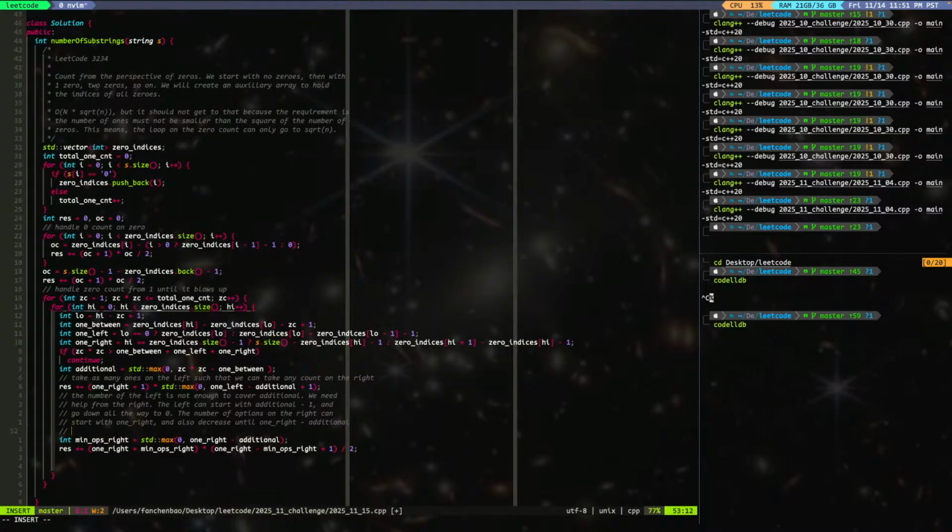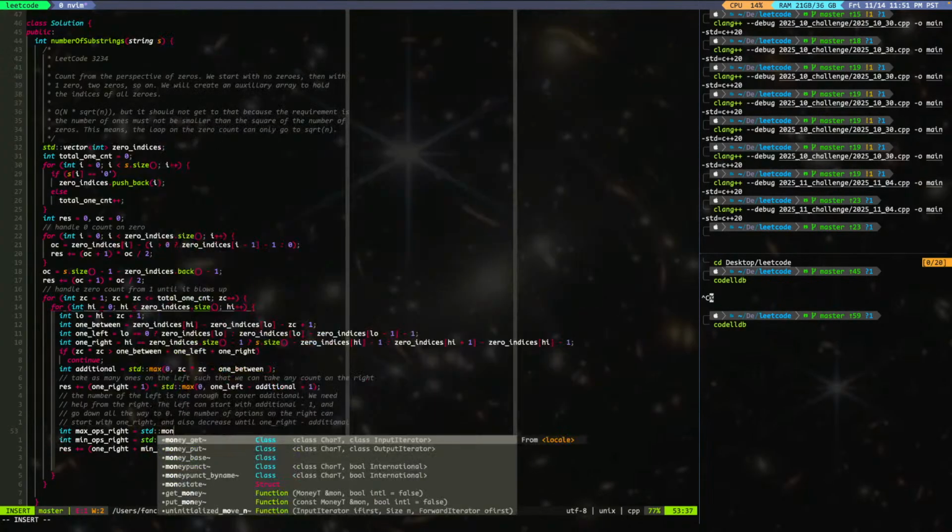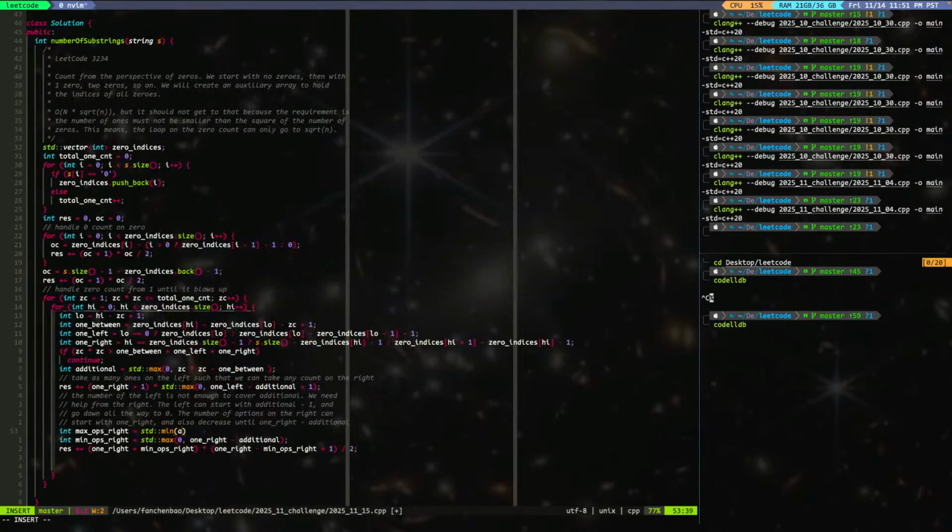And now we can also do a maximum operation on the right. Right, maximum operation on the right after the left cannot supply is going to be the minimum, right? The minimum of additional minus 1 or 1 left, right? The minimum of the 2.